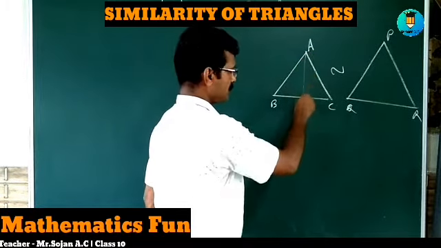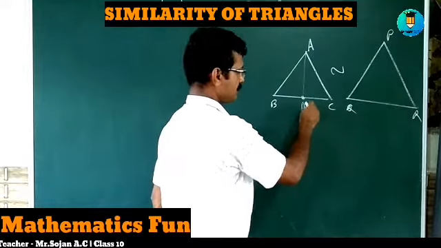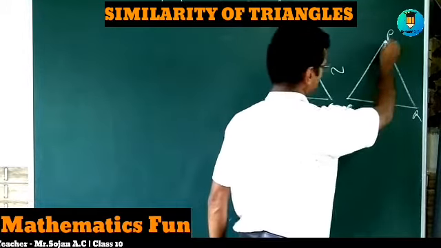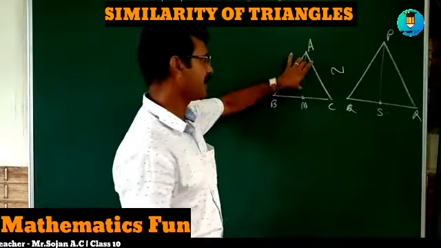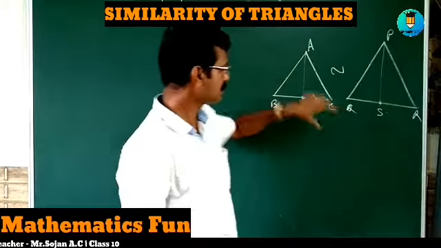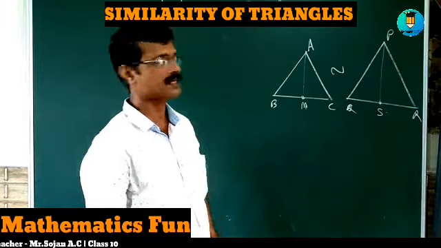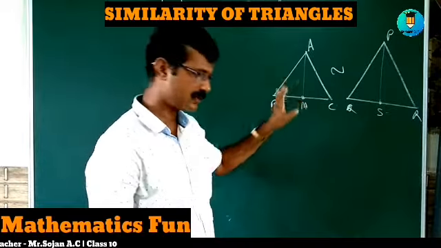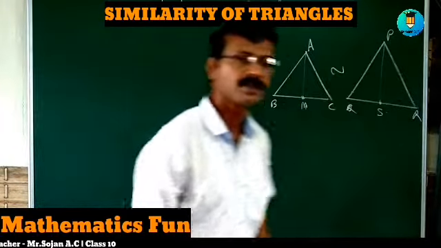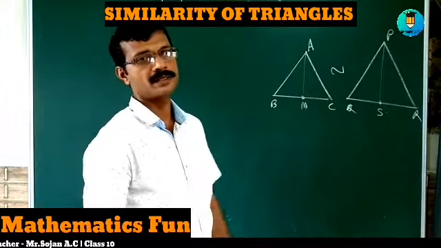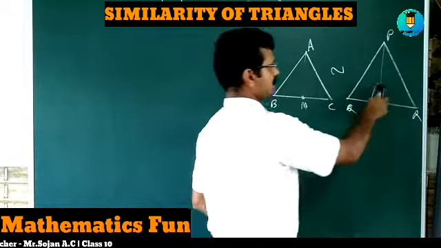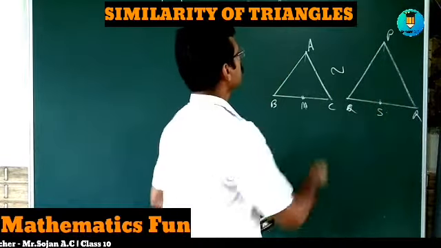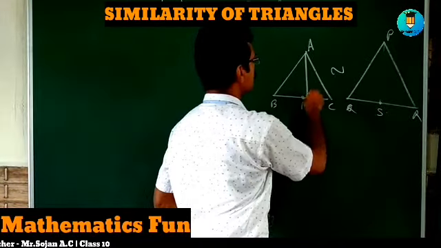Median means the line to the midpoint. This is one of the medians. Here is another median. So the ratio AM by PS is equal to the ratios of their corresponding sides. This is one result. If 2 triangles are similar, the ratios of their sides are the same as the ratios of their medians. Another result is that it is the same as the ratios of their altitudes.